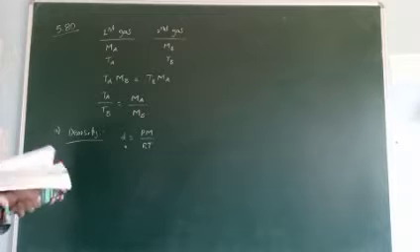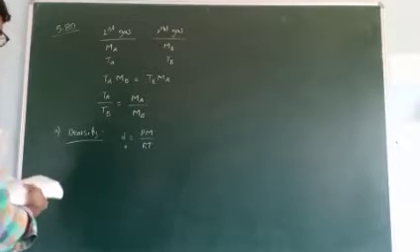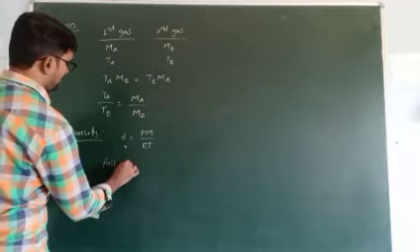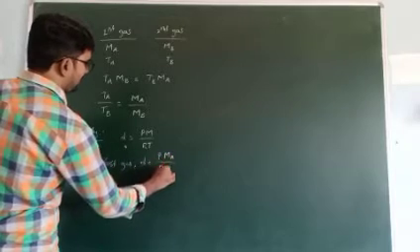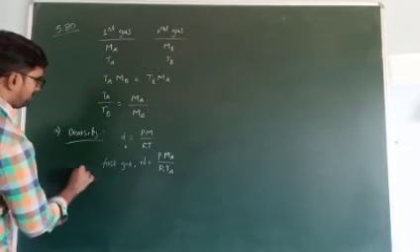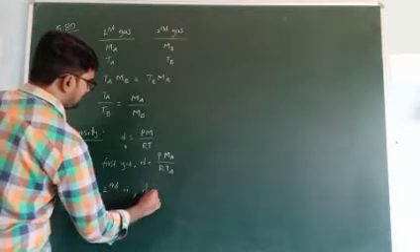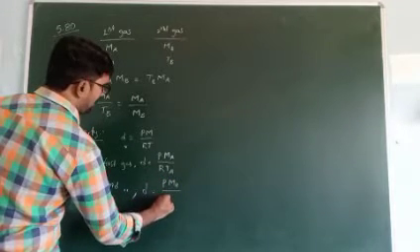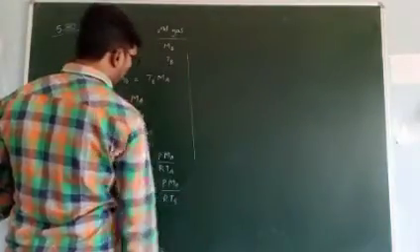For the first gas, density is equal to PMa by RTa, because this is Ma, this is Ta. For the second gas, density is equal to PMb by RTb.